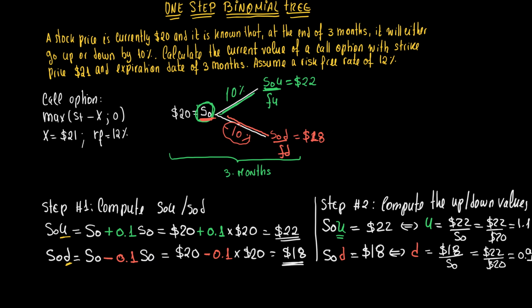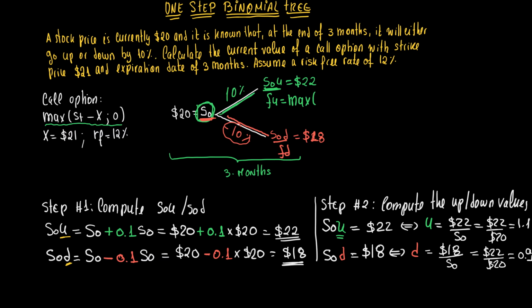The next step is precisely to compute these two values. For the payoff of my option going up, I already know the payoff of a call option. It's the maximum between a stock price minus a strike price, or 0.